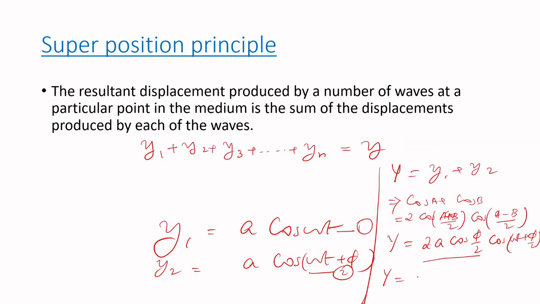So y equals a dash into cos(omega t plus phi/2), where a dash is the new amplitude of the wave and y is the new resultant displacement of the wave.